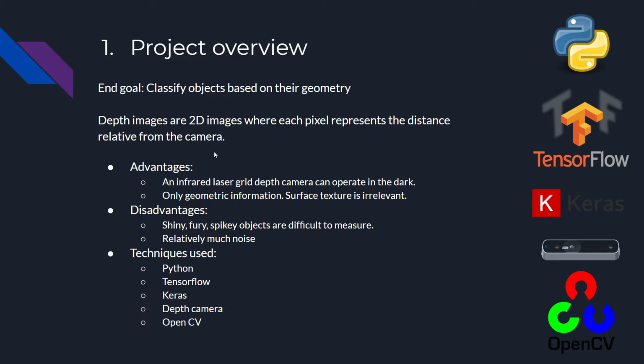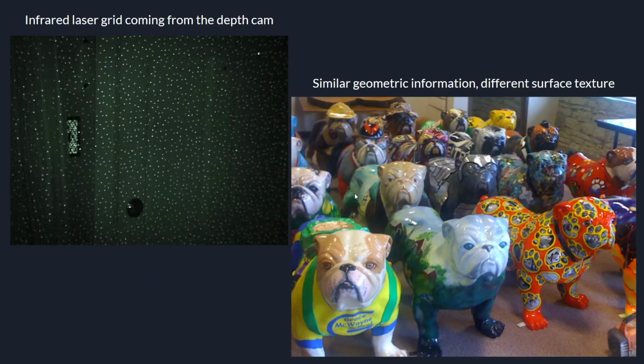An advantage of this setup is that it only cares about geometric information, so surface texture is irrelevant, and I'll show you that by picture. On the left here you see the grid that I just mentioned, or it's a matrix. And on the right you see some bulldogs. These are basically all the same in geometry, but they have vastly different surface textures.